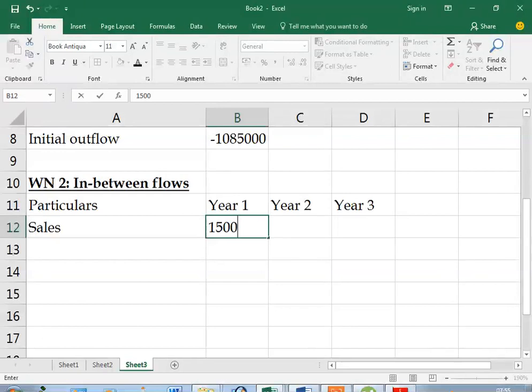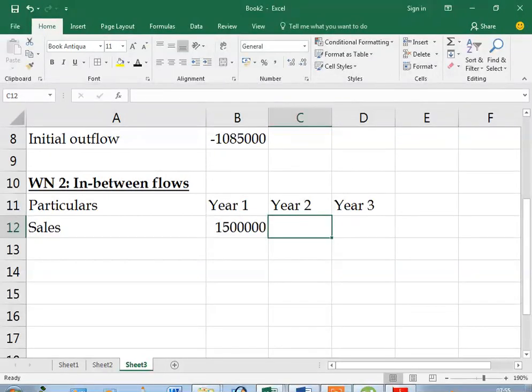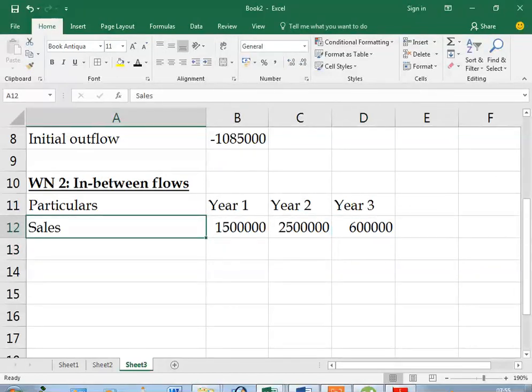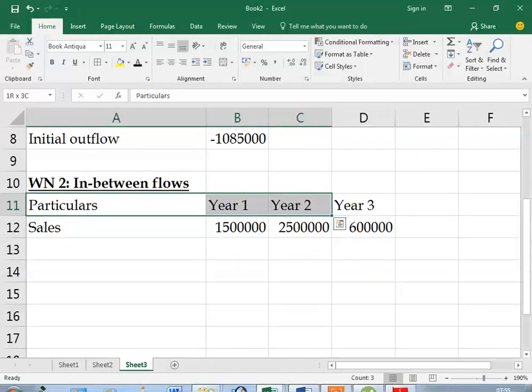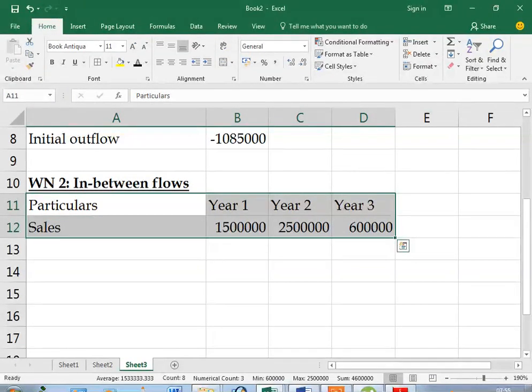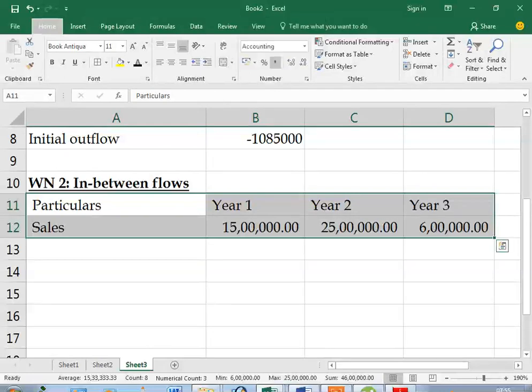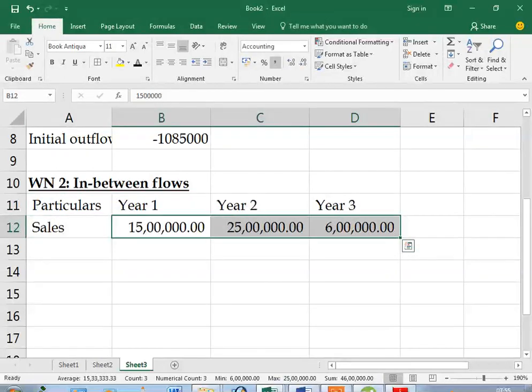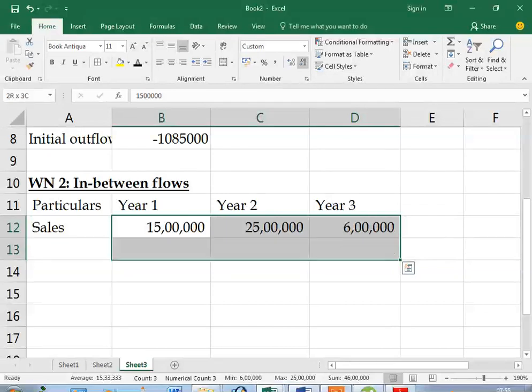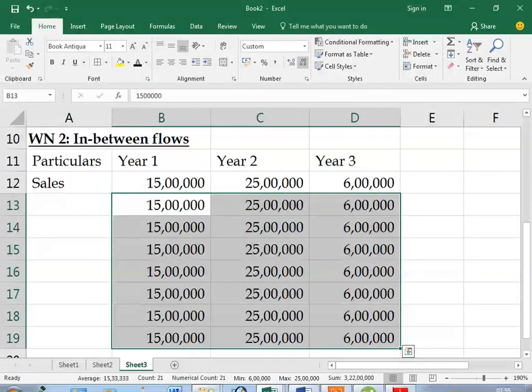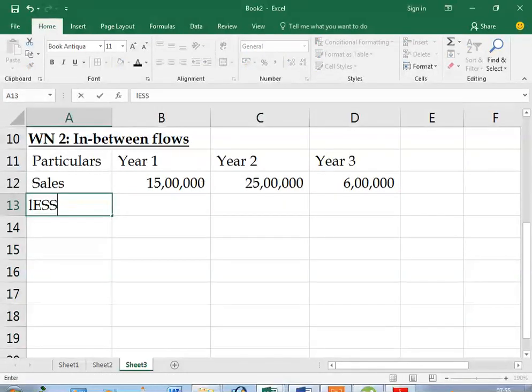Sales is 15 lakhs, 25 lakhs. Then less variable cost.